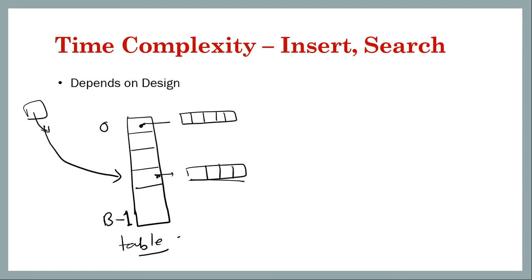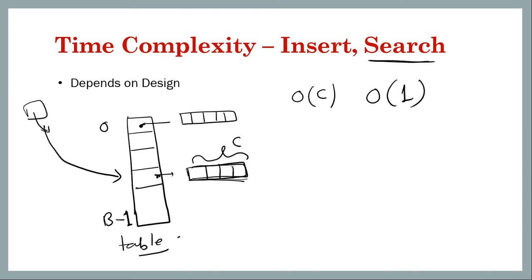So if the number of elements in each bucket is low or some constant, then even searching in this linear storage will take O of c time, that is O of 1 if c is small. So that will be the search operation.